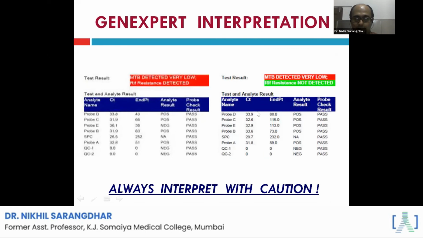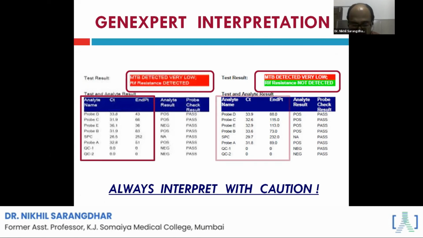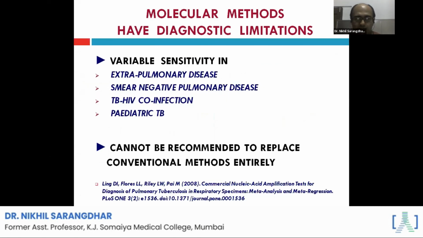You see probe B is 33, C is 32, E is 32, B is 33, probe A is 31. Again, this was a patient of smear positive pulmonary tuberculosis, a suspected case of drug resistance. So you get a dilemma sometimes when you do GeneXpert upfront. So you have to use your clinical assessment sometimes. Most of the time, what we do is repeat the test or the sample itself.